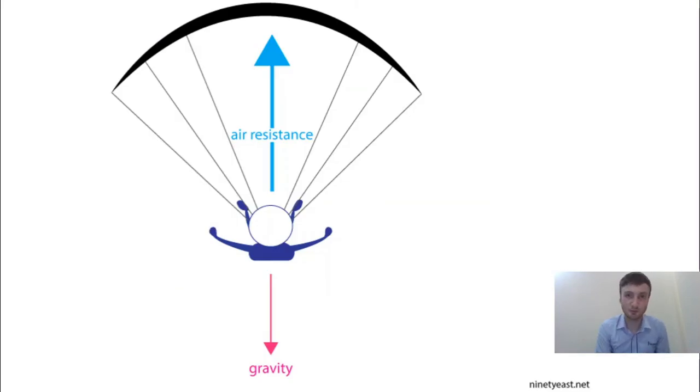So that's why a parachute works. You open up the parachute and you're opening up this big surface area above something. There's much more area for the air to push against. More air can get under this parachute and push upwards. And the more it's pushing upwards, then the slower you're going to be falling down.